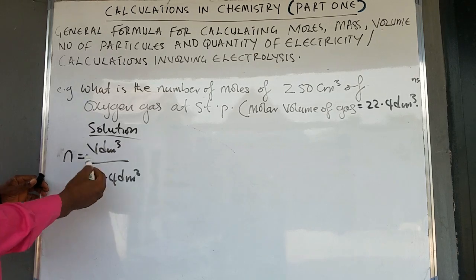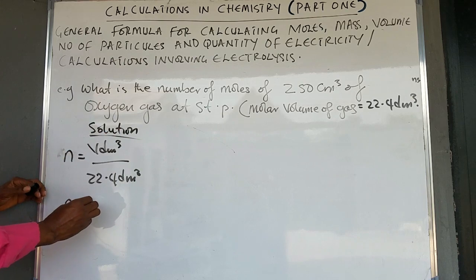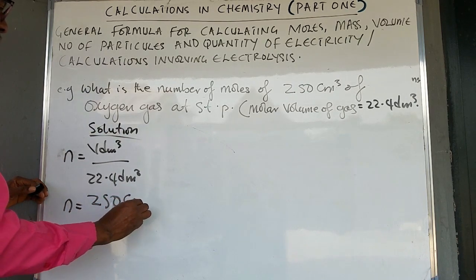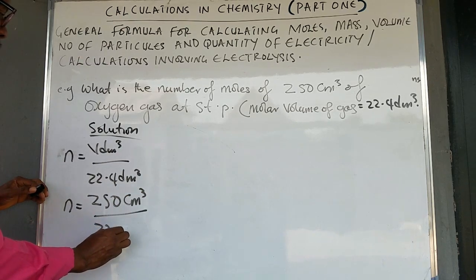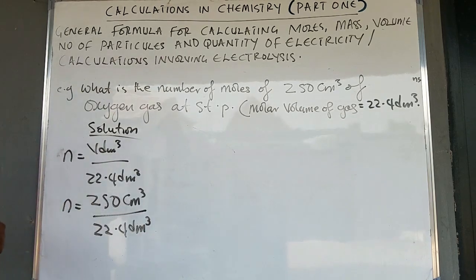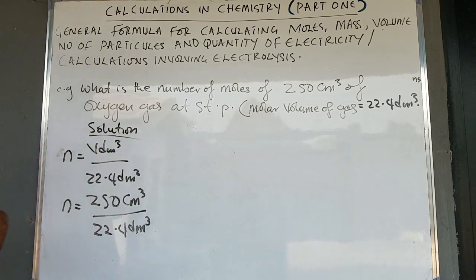So that will give you n is equal to, what's the volume given? 250 cm³ over what? 22.4 dm³. But notice something here. This one is in cm³ and it must be converted to what? dm³.